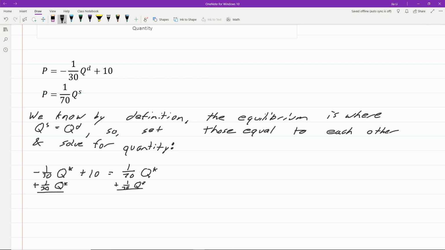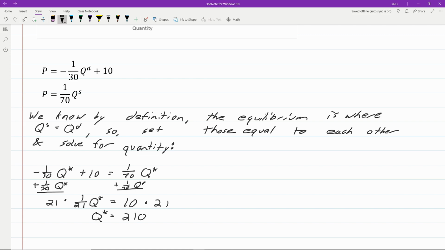So we want to get it to one side of the equal sign, and what that ends up being is 1 over 21 Q star is equal to 10. So then multiply both sides by 21 to solve for Q star, and here we go.